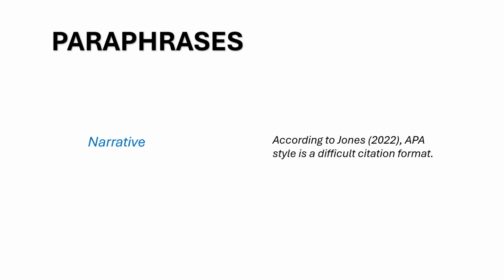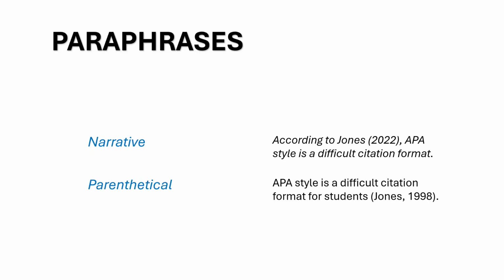With parenthetical citations, the author is not mentioned in the sentence, therefore you would put their name and the date of the publication at the end of the sentence. Remember, if you have 3 or more authors, you must put the lead author's last name followed by et al., or the Latin word for altogether, and then the date, separated by a comma.